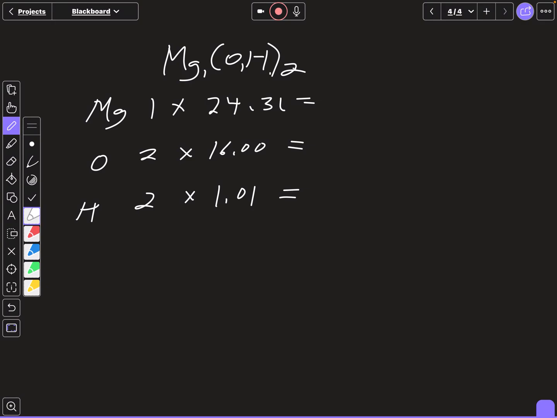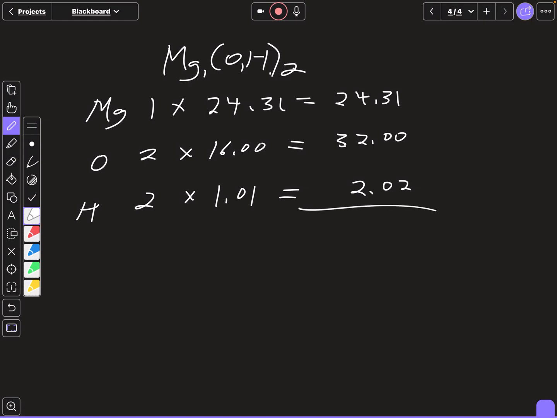And I'm going to do the math for that. 1 times 24.31 is 24.31. For oxygen, 2 times 16 would be 32.00. And then hydrogen, 2 times 1.01 is 2.02.